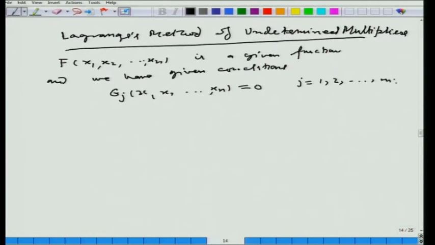So, there are m conditions. These variables x1, x2, ..., xn are supposed to satisfy these m conditions.